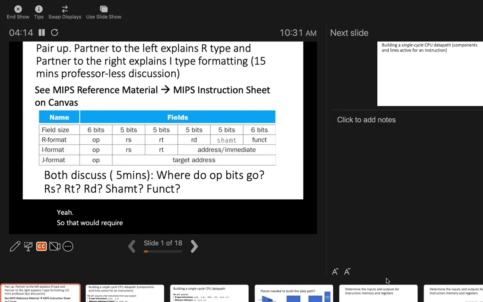And what about RS, RT, RD? Where do you think these should go? Directly to the arithmetic logic unit? No. Well, RS, RT, RD, technically, they are addresses of registers. They are giving you register numbers. You look up those registers to get your actual values, which then go to the arithmetic and logic unit.